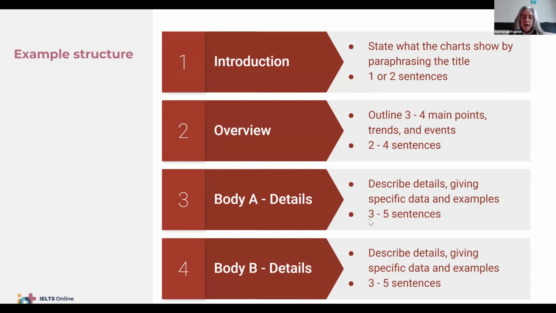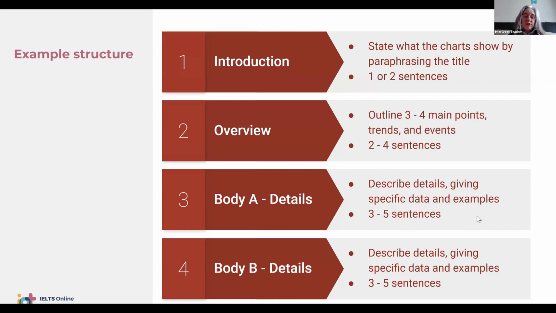So the second point about the main body here is again suggesting a particular number of sentences, but as I've said before, there is actually no particular number of sentences that you should have in each paragraph of the main body. The number of sentences is affected by the information that you are presented with.